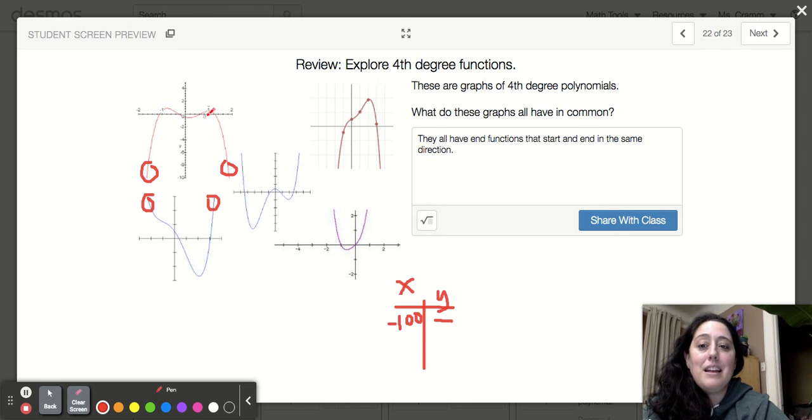And then as x values get super positive, I'm just going to pick a big positive x value. As I keep going further and further in this direction, the y values get bigger and bigger in the negative direction. So I like making this table. It makes that wording sound a little bit better. But we're going to try and simplify the wording for your assessment.